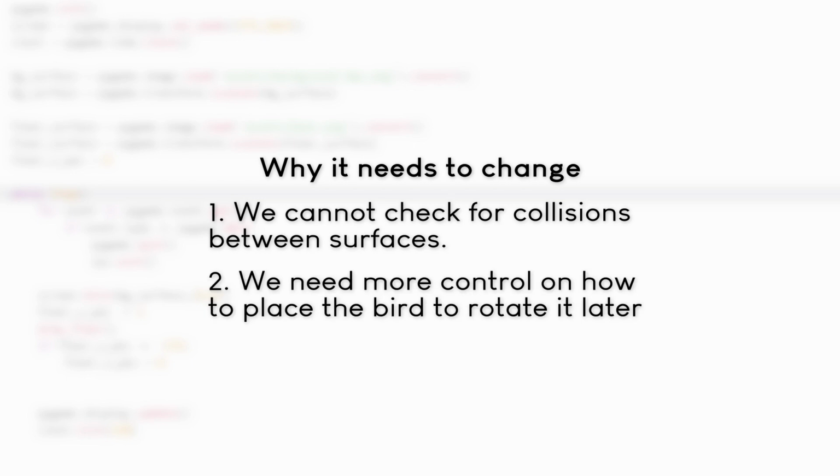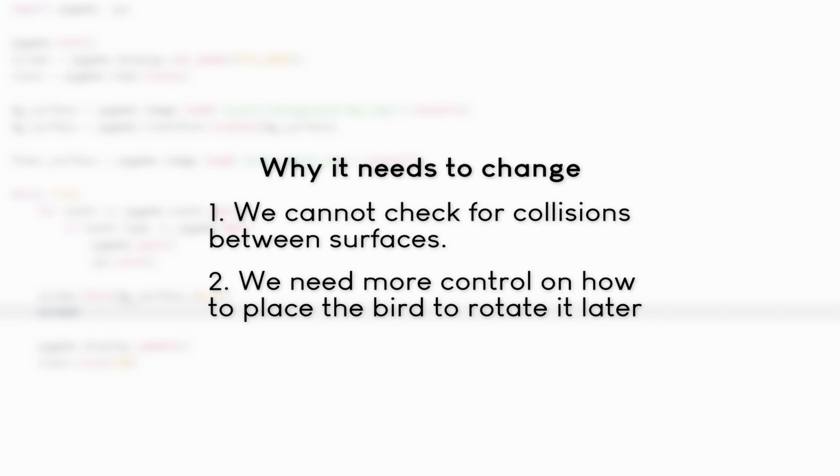Reason number 2 is that we want to have more control over how we place the bird, because when we are going to rotate it, we want to rotate it from the center. But with surfaces, we always move the top left point, which wouldn't allow us to rotate from the center. And because of these 2 reasons, we can't just use surfaces. They're going to be part of it, but we are going to need another tool to implement these 2 functionalities.